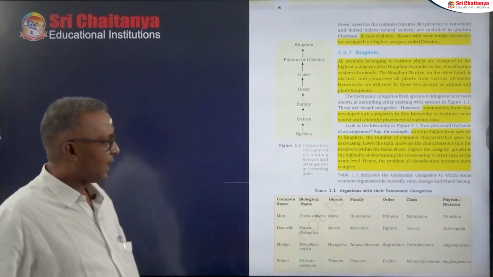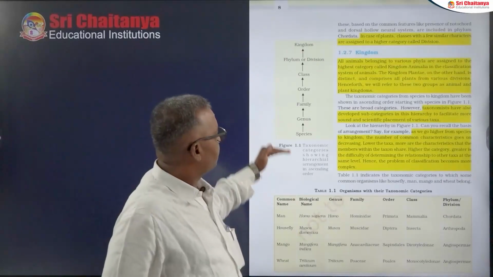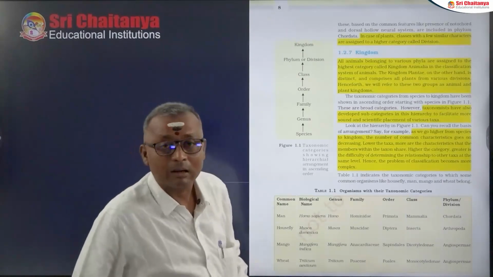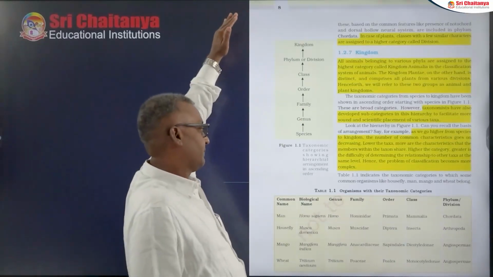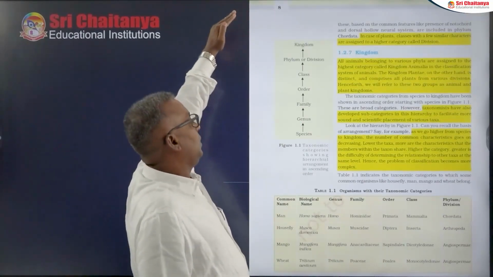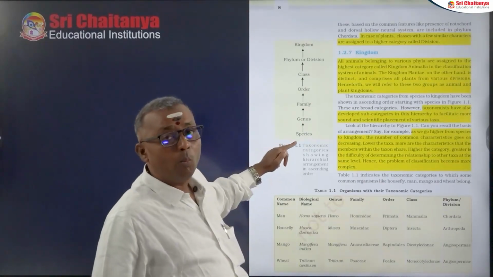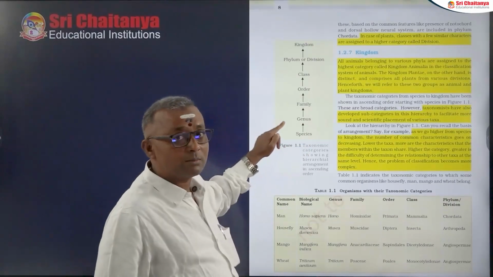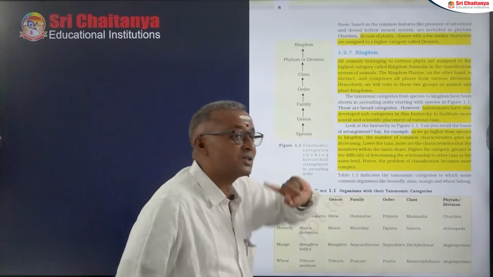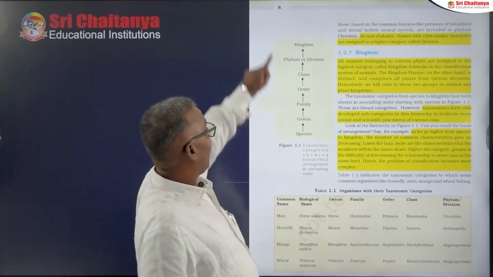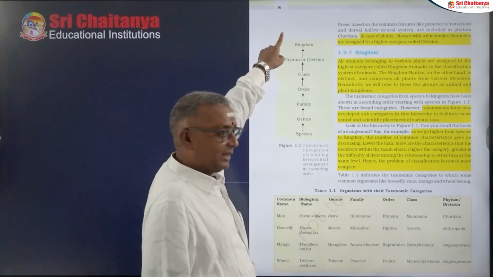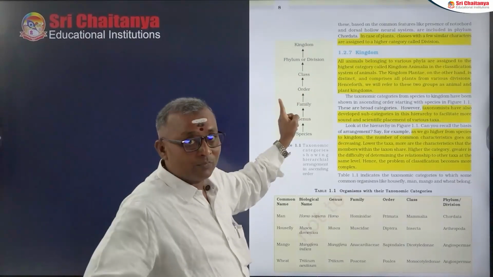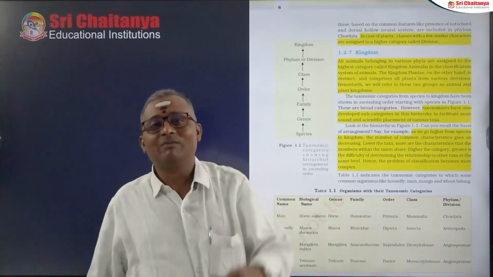And as we go from species to kingdom, what will happen to the number of similarities? It gradually decreases. So the lower the taxon, the more characters the organisms within that taxon share. And the higher the taxon or category, the more difficult it is to relate it with other categories of the same level.